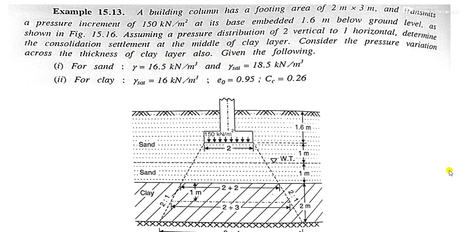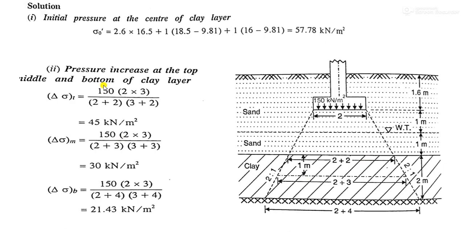So the pressure increase at the top of the clay layer, delta sigma top, equals 150. 150 is the pressure increment.